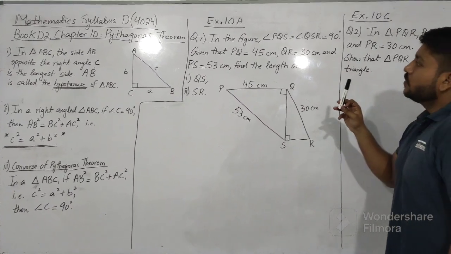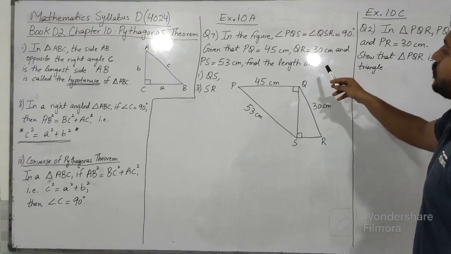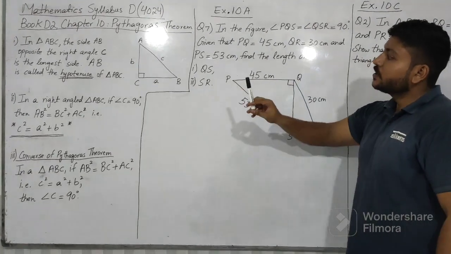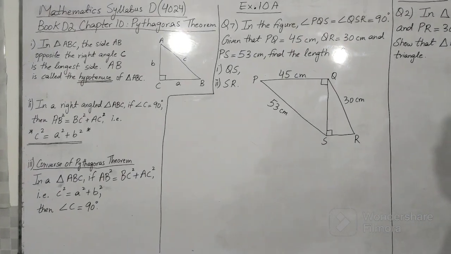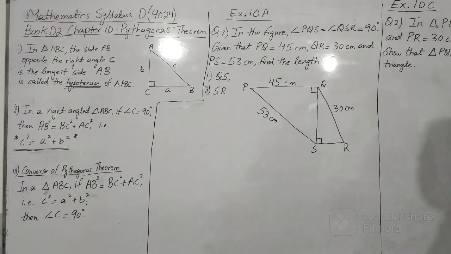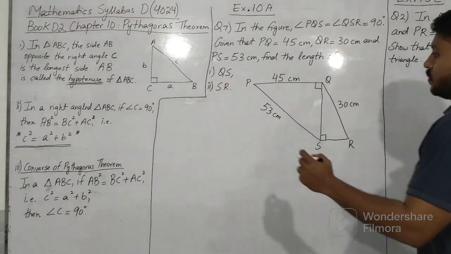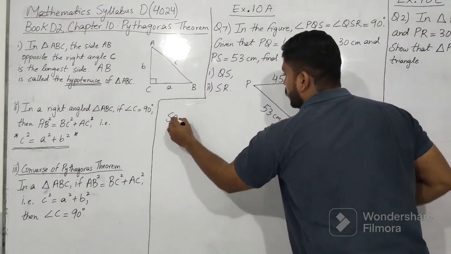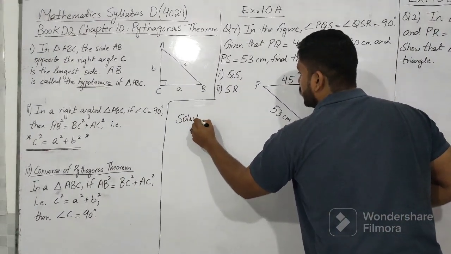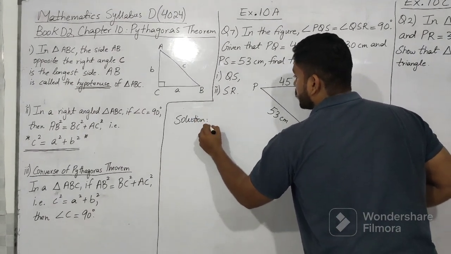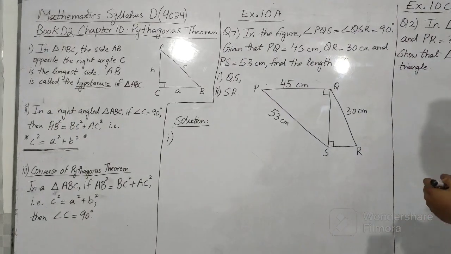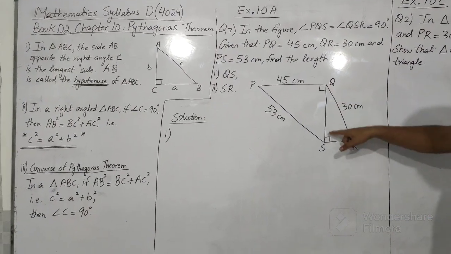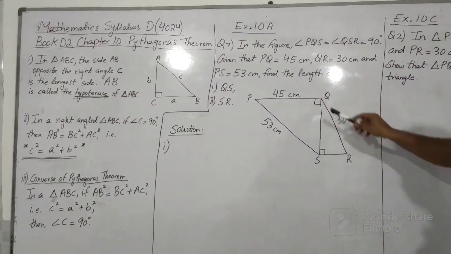We are required to find the length of QS first, then the length of SR. So how to apply Pythagoras theorem here? So for the solution to find QS in part 1, which is this length, QS is this length.